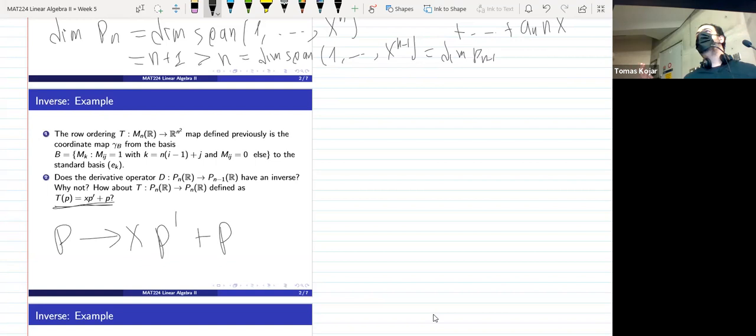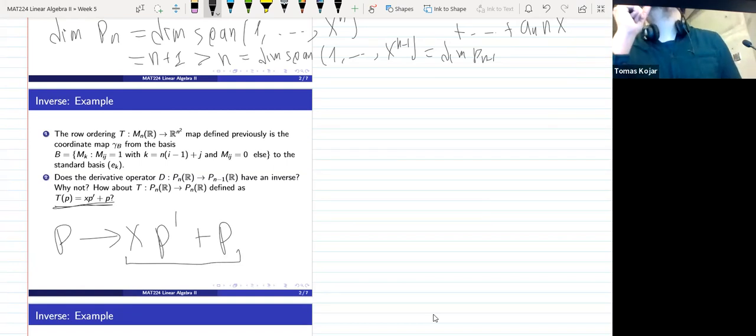Your gut feeling. What do you think is the degree of this one? Yeah, it's still n plus 1.